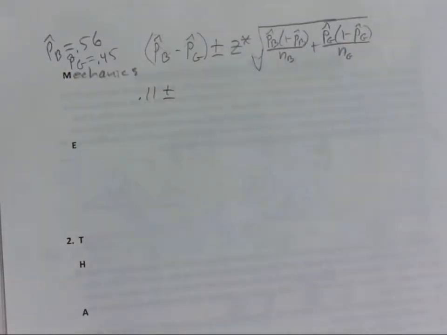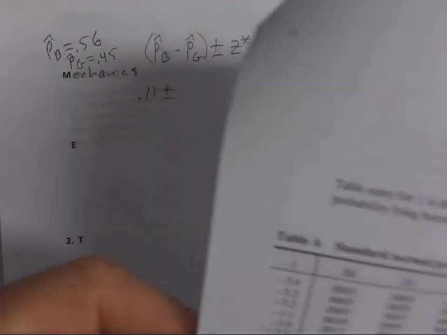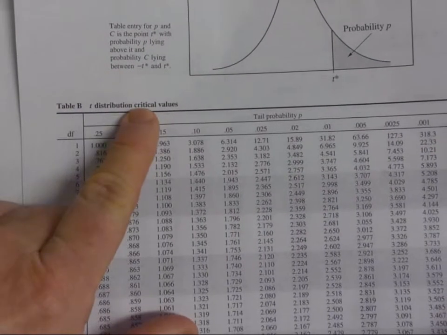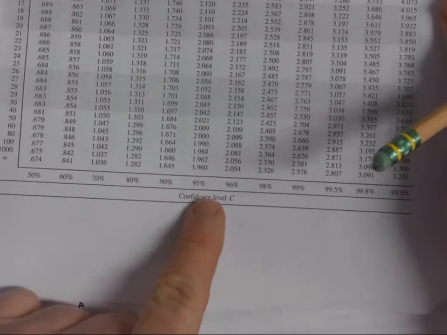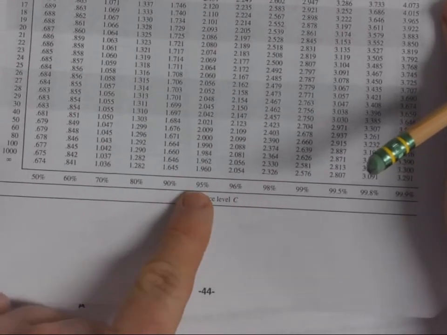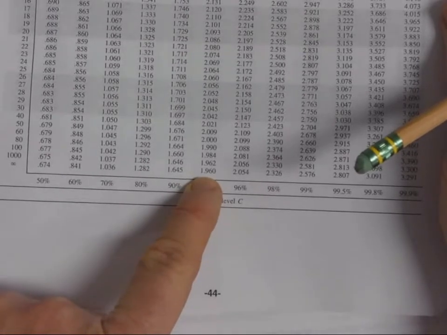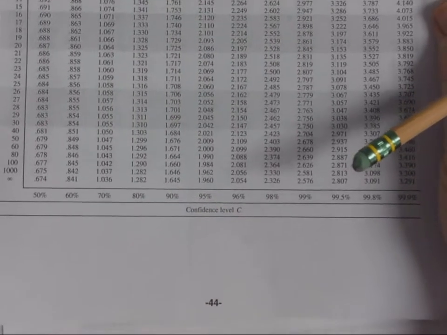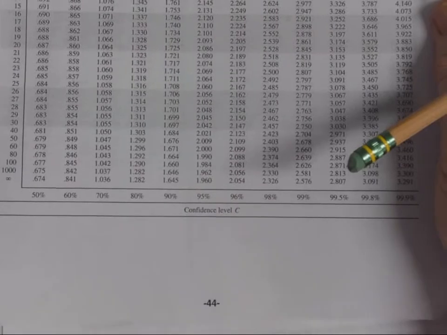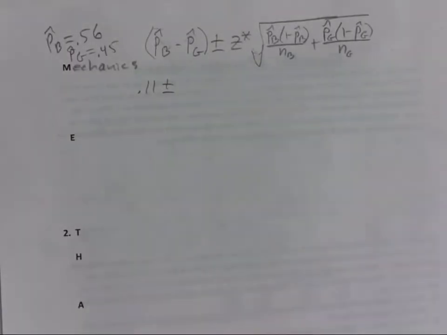All right, our z star. Well, let's get that. Remember, go to your table B, which has your critical values. If we ask for a 95% confidence interval, it's 1.96. Hopefully maybe you've realized that by now, or you could do inverse norm of 0.975. That would generate essentially the same thing.